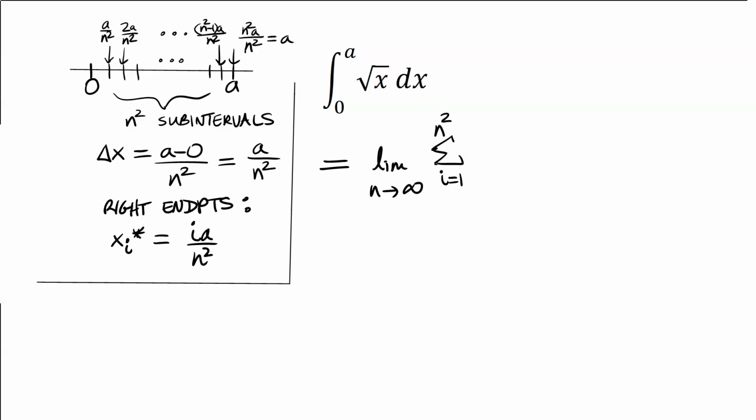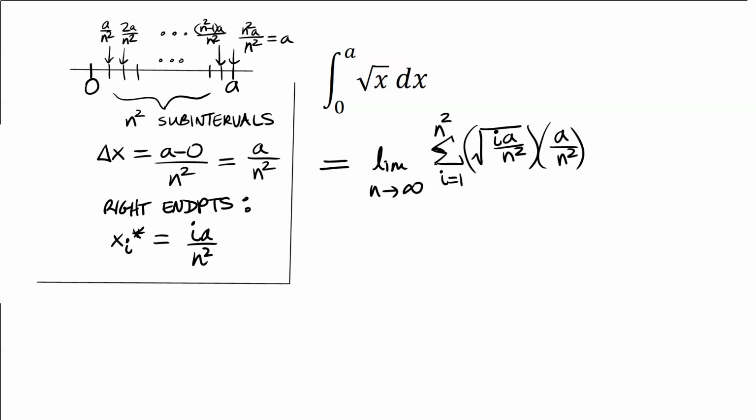And we're evaluating our function at the right endpoint, so that means the square root function evaluated at ia over n squared, times delta x, which is a over n squared.